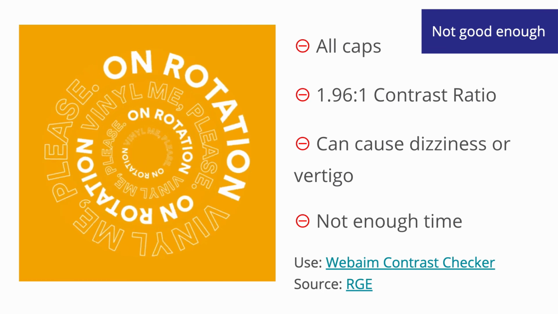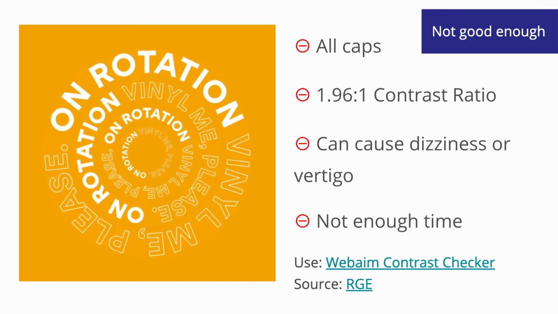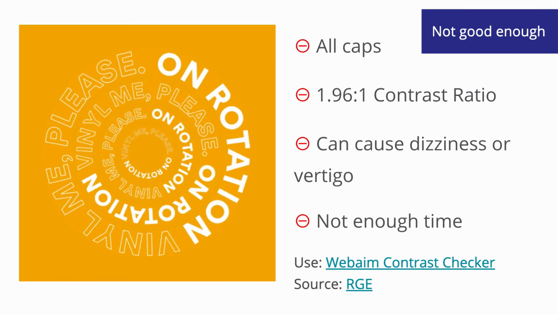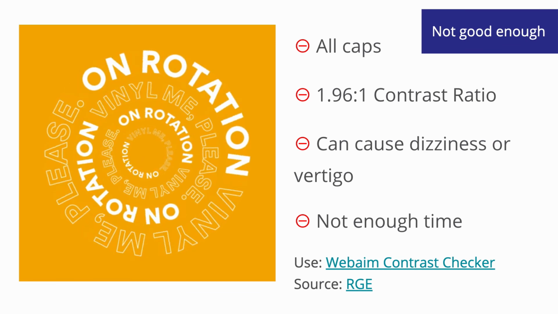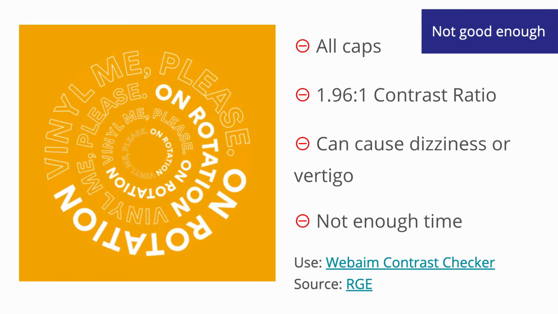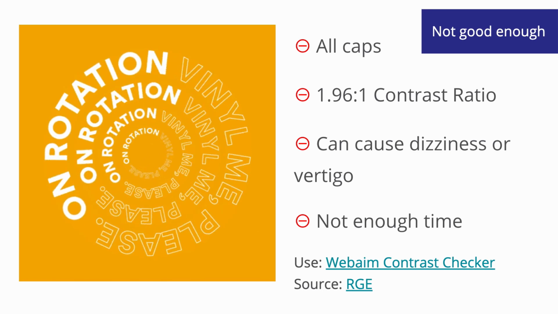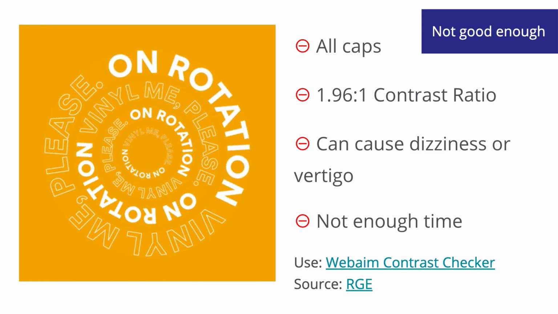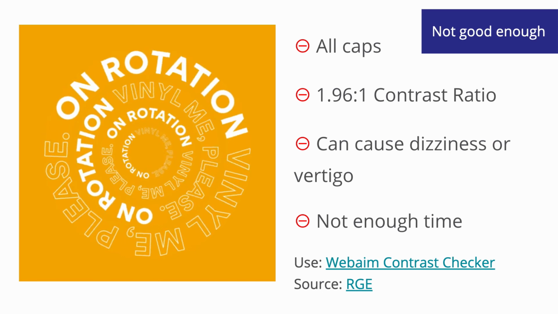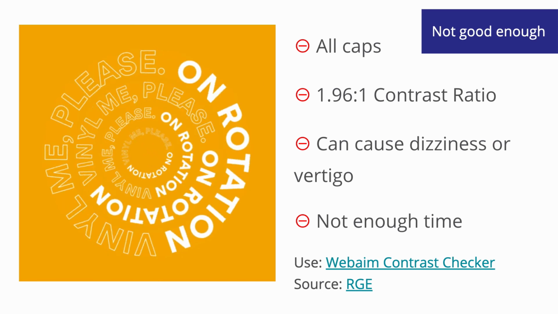And also the problem is that there isn't enough time to read the text if you focus on it poorly. So this is good design, I love it, but if I take a look at it from an email accessibility perspective, I have to say no, please don't do this.